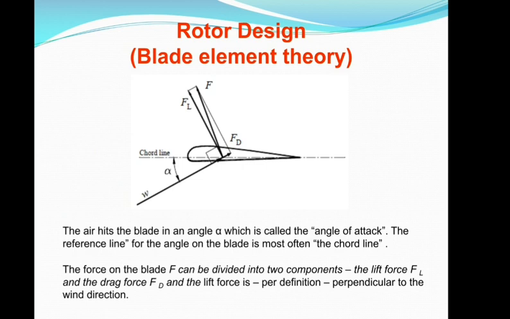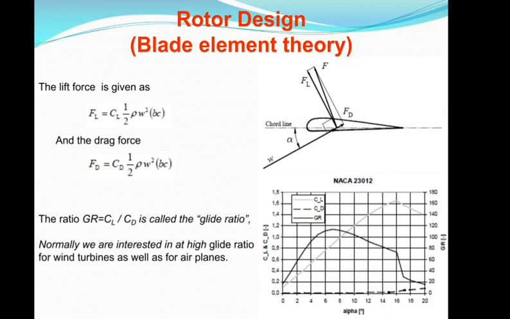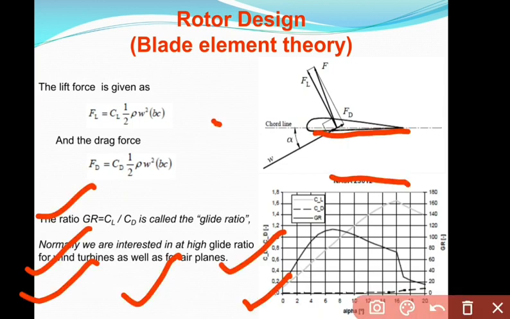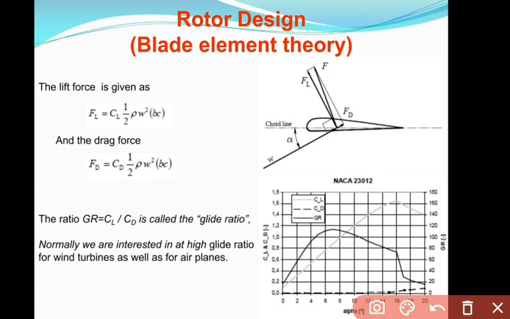The lift force is given by this formula. Students, you have to memorize the formula for the lift force, and this is the formula for the drag force. Normally we are looking at the glide ratio for wind turbines as well as aeroplanes.